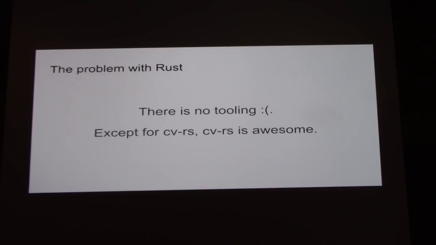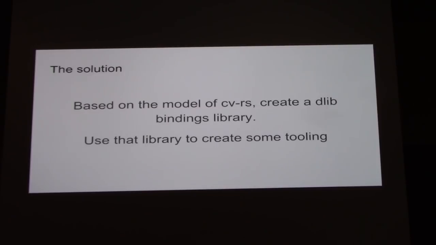It's a wonderful library. I highly recommend it. So I decided to create a new library that will have bindings to the DLIB library in C++ and a tool to do picture analysis from this DLIB library and OpenCV.